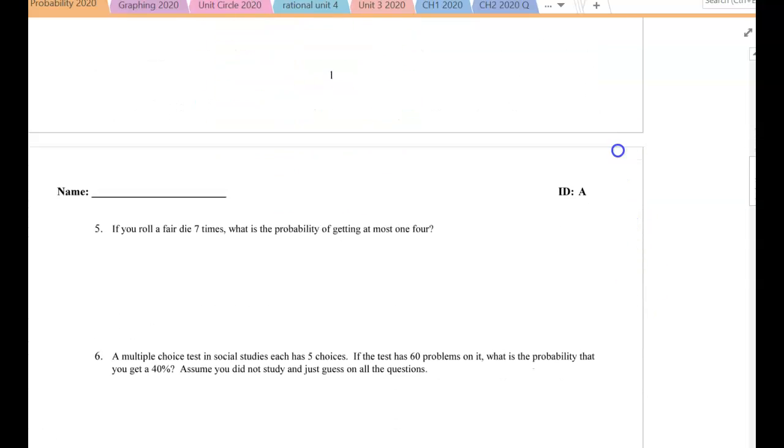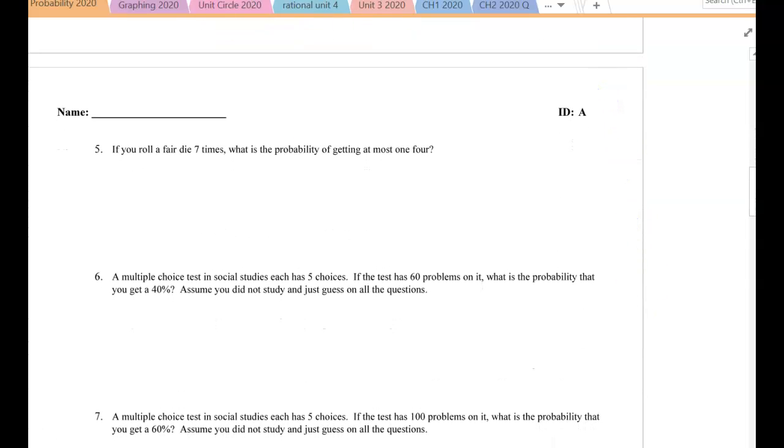Okay. Why don't we take a look at problem number 5. Go ahead and pause the screen and try that problem. Alright, so in problem number 5, you want at most 1 four. So at most 1 four means you get 1 four, 2 fours, 3, 4, 5, 6, or 7 fours.